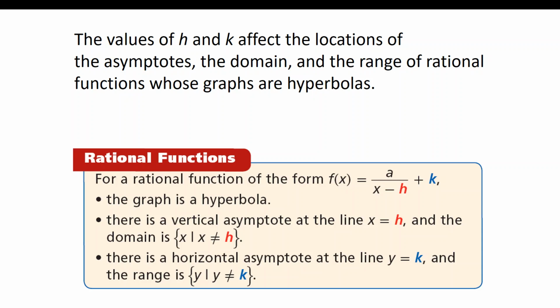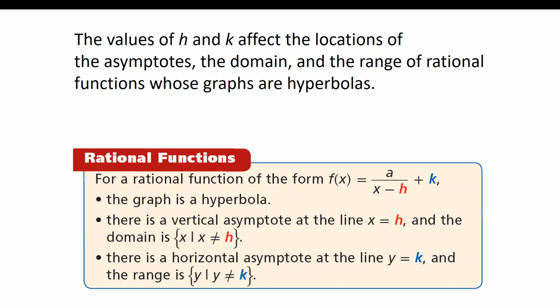There is a vertical asymptote at the line x equals h, and the domain is x such that x is everything but h. It can't be h. And there is a horizontal asymptote at the line y equals k. And the range is y such that y cannot equal k.